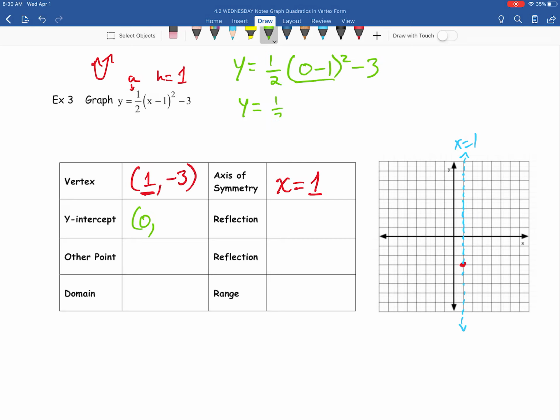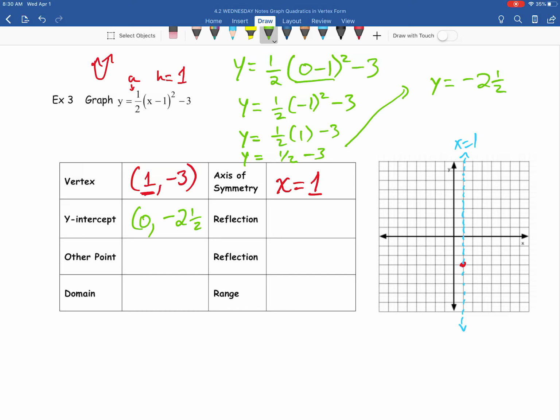So 0 minus 1 inside the parentheses comes out to be -1 squared. -1 squared comes out to be regular 1. And then 1/2 times 1 comes out to be just 1/2. And so our y value comes out to be -2 1/2.